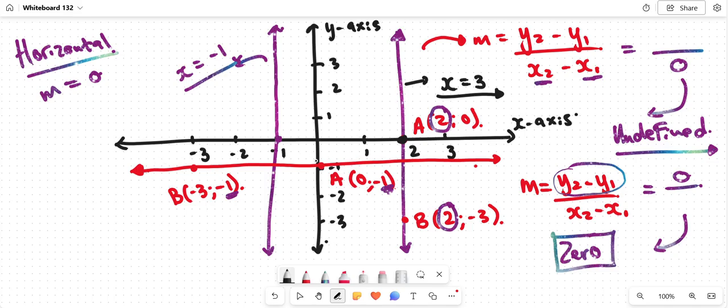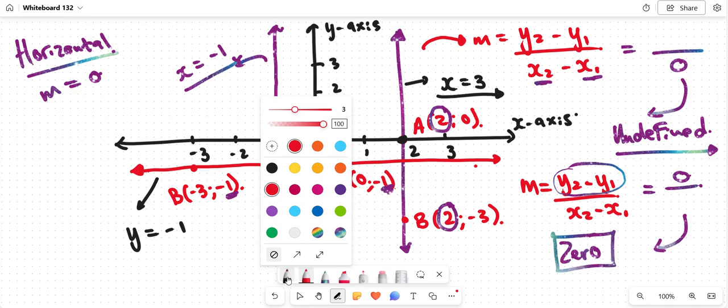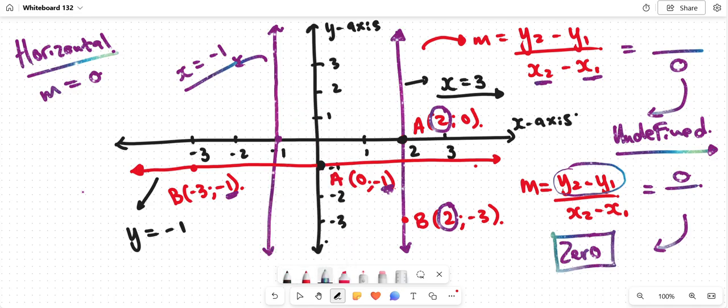But what is the equation of that horizontal line? The equation will therefore be y is equal to wherever it's cutting the y-axis. And in this case, it will be -1. I hope you're seeing that. Again, let me just reiterate what I said about vertical lines earlier on.